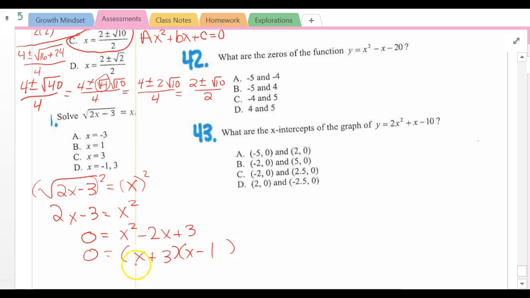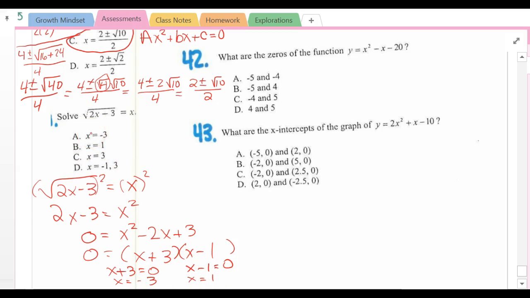And now when I solve this to find my zeros, if I set both of these equal to 0, I get x equals -3 and x equals +1. Now, notice that both of these are not an answer here.